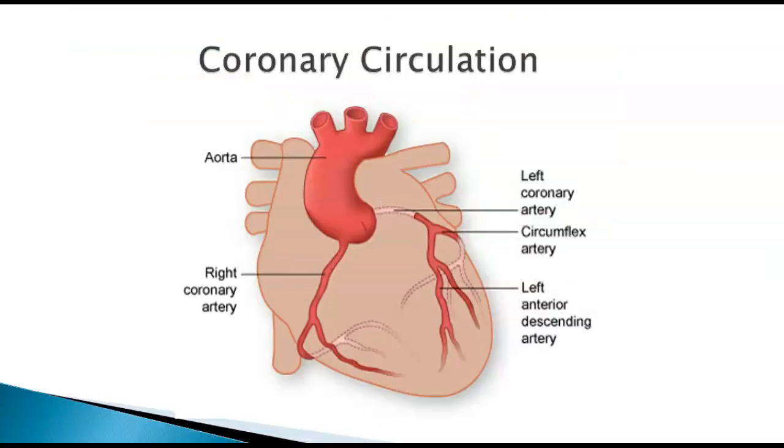And back to the arteries. Whenever you have an inferior MI, you have the right coronary artery. When you have the anterior septal, then you have the left anterior descending, LAD they call it. And if you have a lateral, then it's the left coronary artery, but usually it's the circumflex artery.